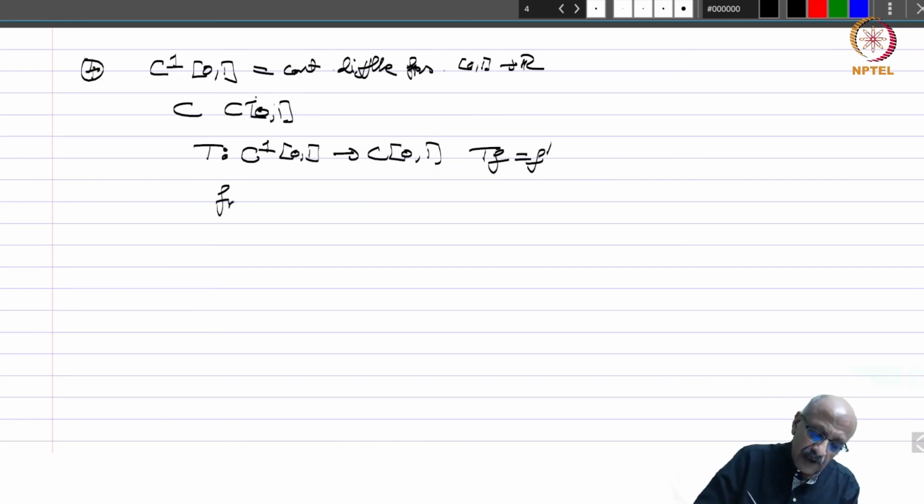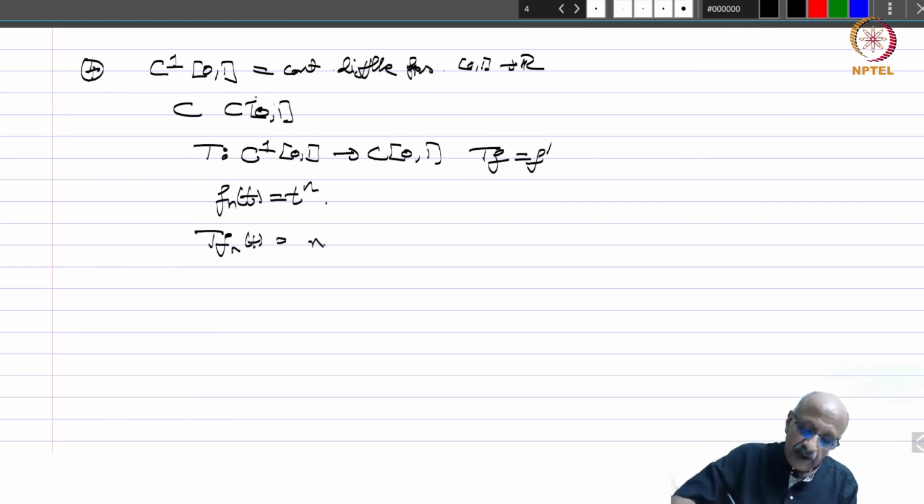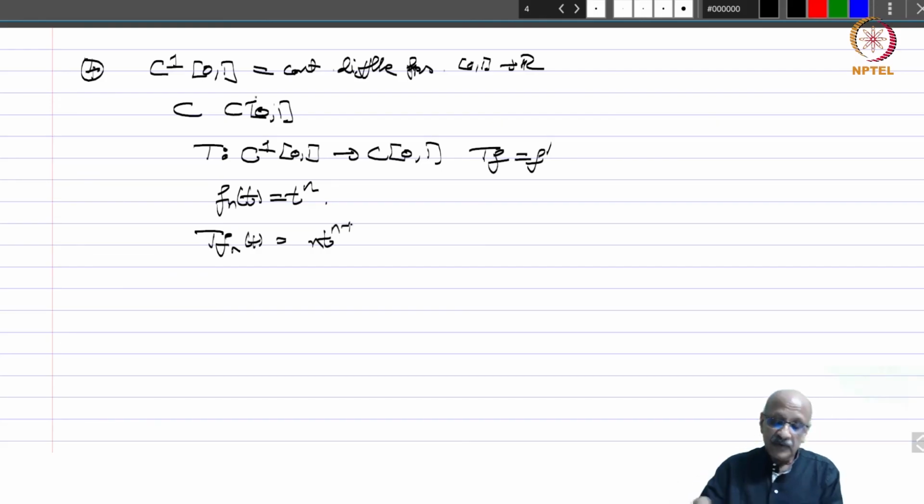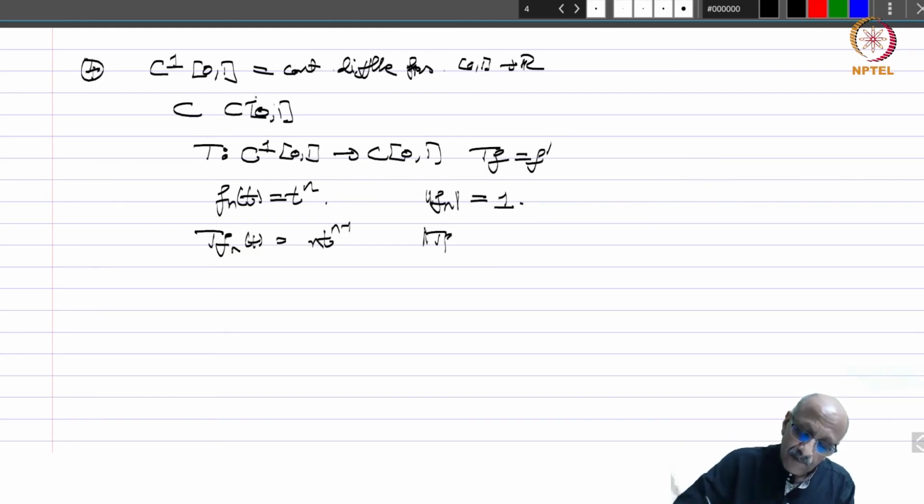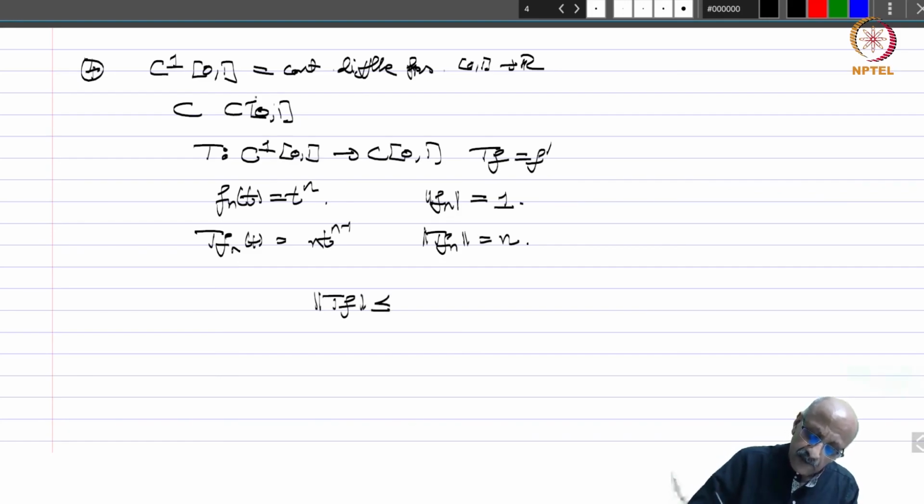So let us take f_n(t) equals t to the power n. Then what is Tf_n(t)? This is n times t to the n minus 1, because it's just the derivative. So the norm of f_n, which is the maximum of t^n on [0,1], is 1. And the norm of Tf_n is n. So we can never have an inequality like this.